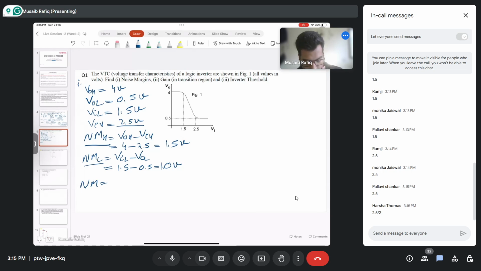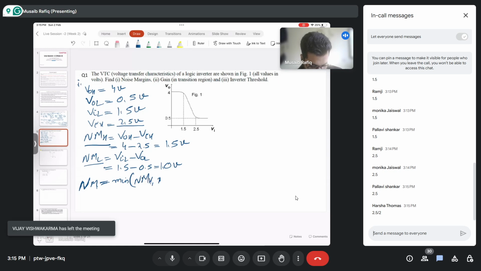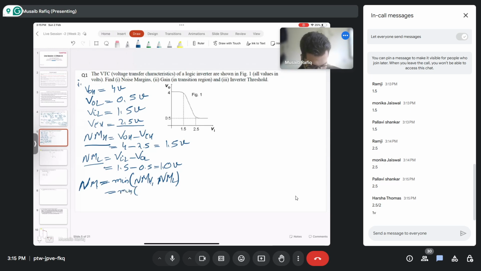So noise margin will be equal to minimum of noise margin high, noise margin low. What is minimum of these two? It's 1 volt. So minimum of 1.5, 1 is 1 volt. If there are any doubts, you can refer to the lecture or the text.